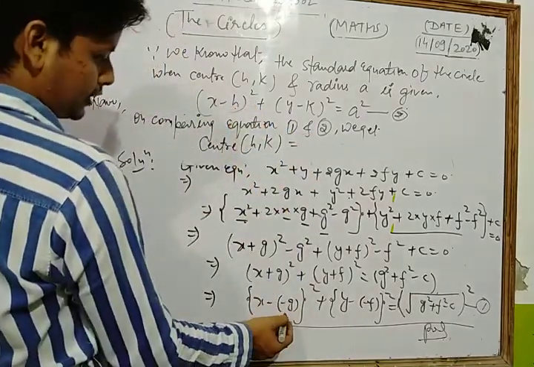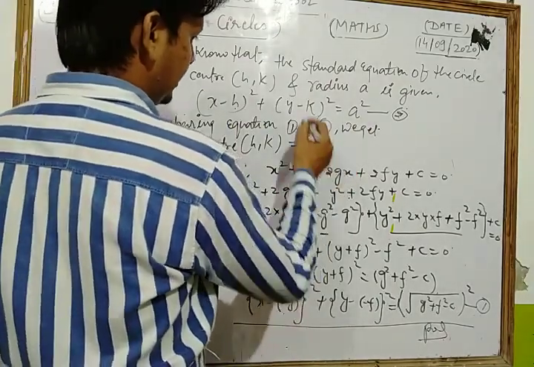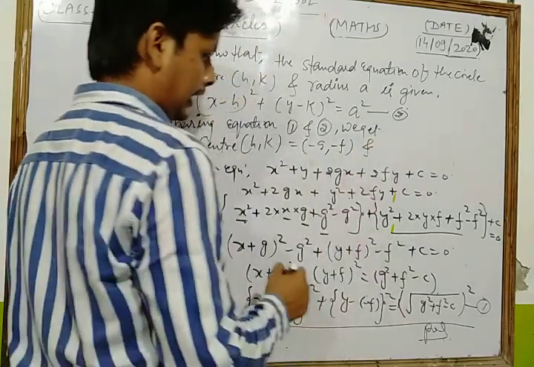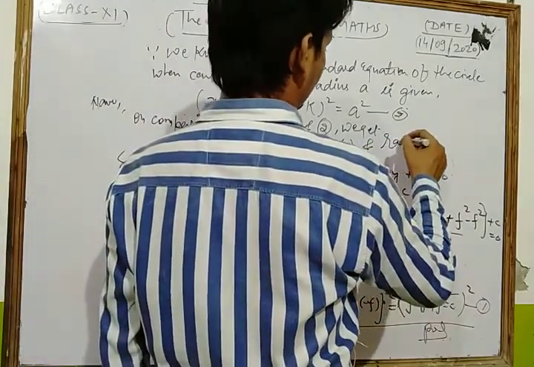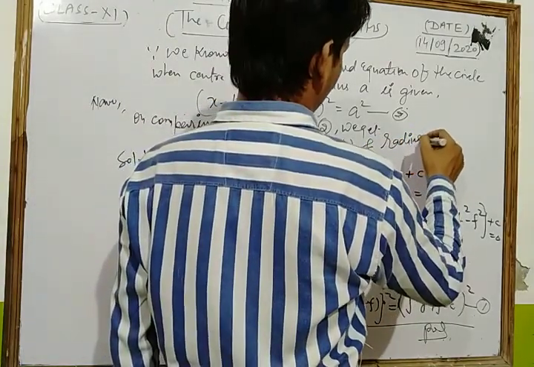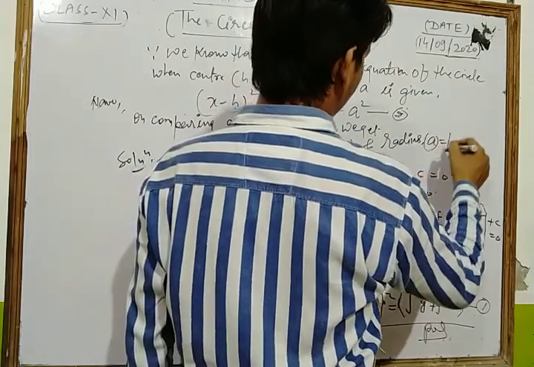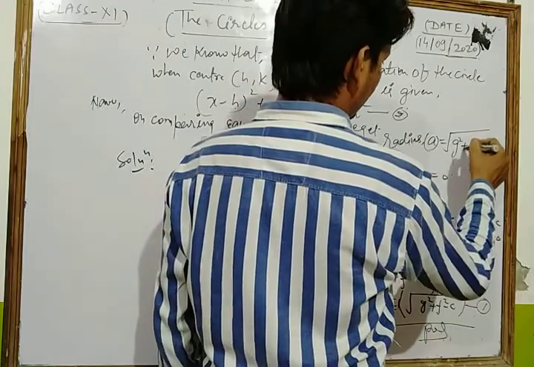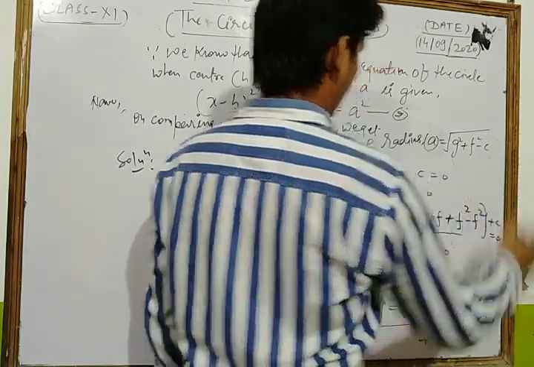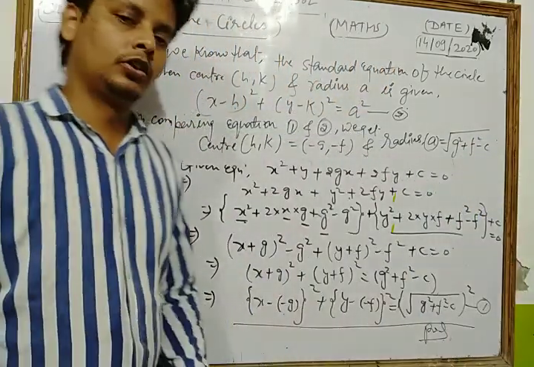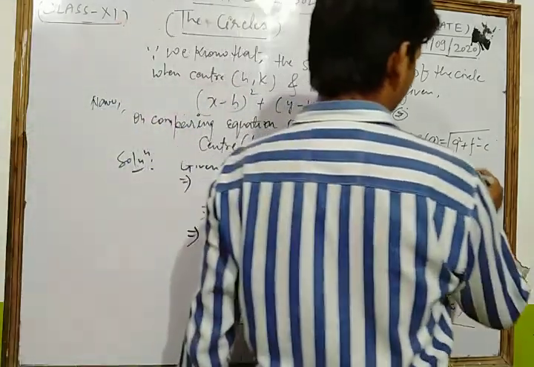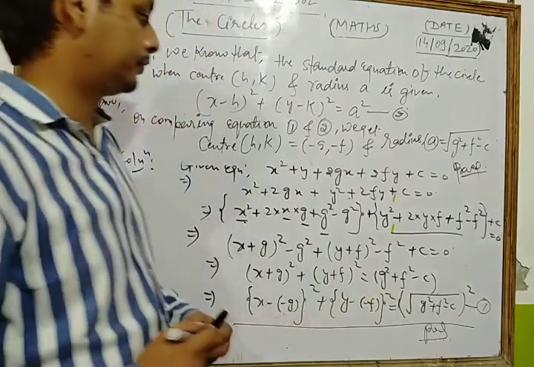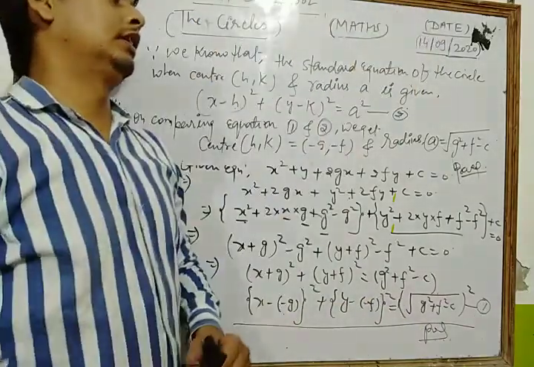On comparing, h is equal to minus g, k value is minus f, so the center is (minus g, minus f), and radius a is equal to under root g square plus f square minus c. Okay, hence proved our result.